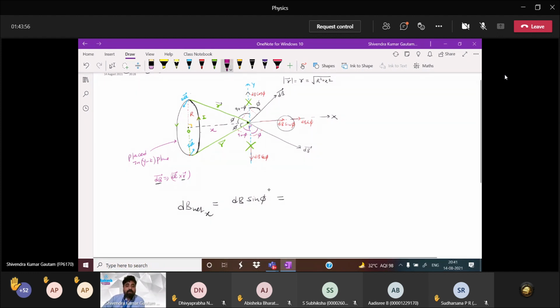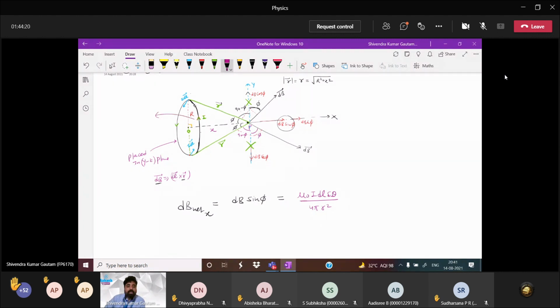dB, you know the Biot-Savart expression. What is the Biot-Savart expression? Mu naught I dl sin theta divided by 4 pi r square. Theta is the angle between I dl and r. That's why I have not taken theta here, I have taken phi, so that you are not confused with this. This is dB. Tell me, in this triangle what is the value of sin phi?